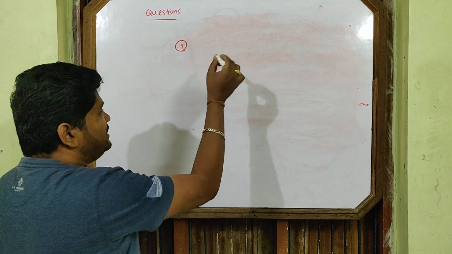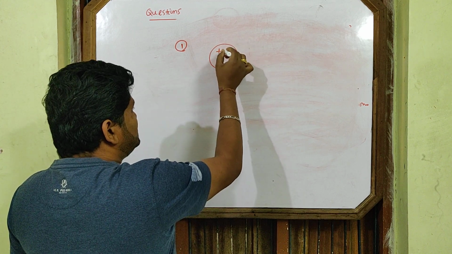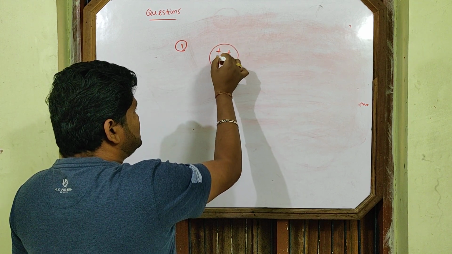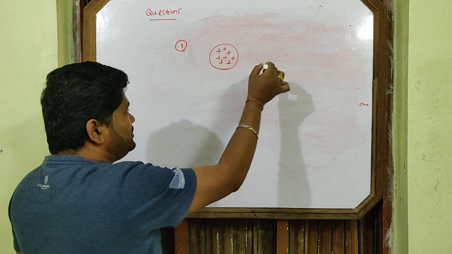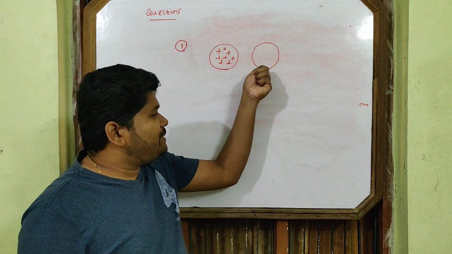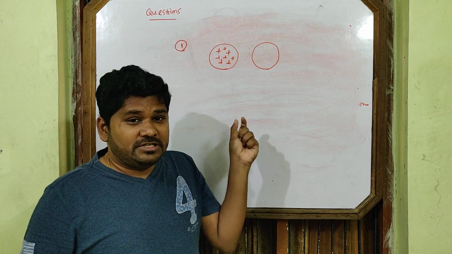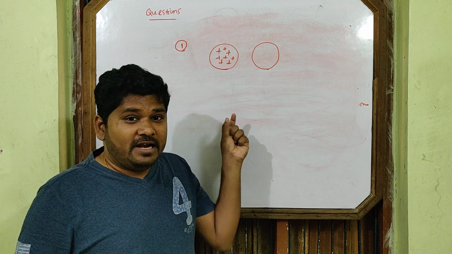How is it possible? Suppose this is a charged body with positive charge, brought near to an uncharged body. When you keep it very close, and very close is the keyword of which method of charging? Induction.